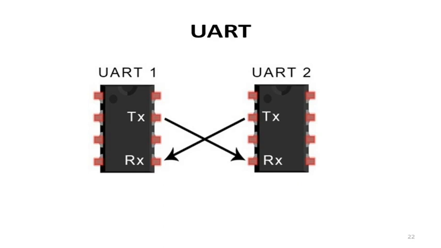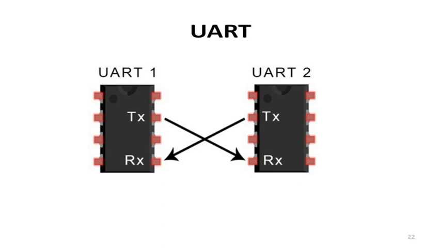So UARTs transmit data asynchronously, which means there is no clock signal to synchronize the output of bits from the transmitting UART to the sampling of the bits by the receiving UART.